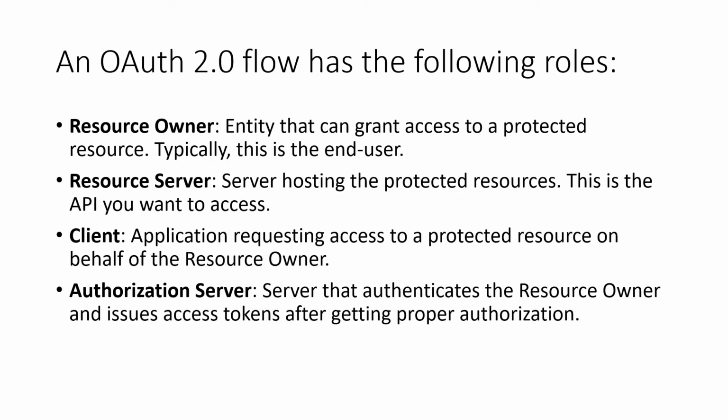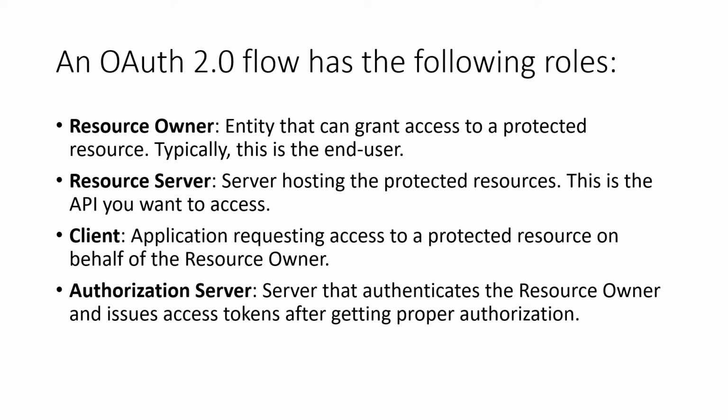Now I'm going to explain the different roles we have in OAuth 2. There is something known as the resource owner, the resource server, the client, and the authorization server. These are the basic roles defined for OAuth 2. The resource owner grants access to the protected resources, and the resource server is the server hosting the protected resources.